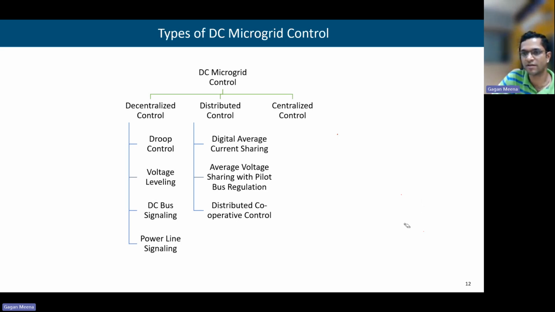That's why there are many methods which change the resistance. The advanced droop control techniques are used for that: virtual resistance based, adaptive droop control, intelligence technique based, and more. All these things are used.